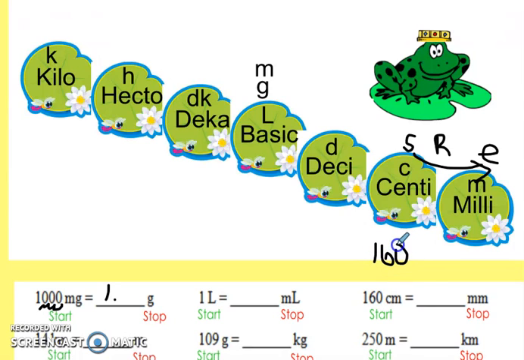And so let's move 1 to the right. And because there is a space here, I need to fill it in with a 0. And so my answer is 1,600 millimeters. And that would be my answer.